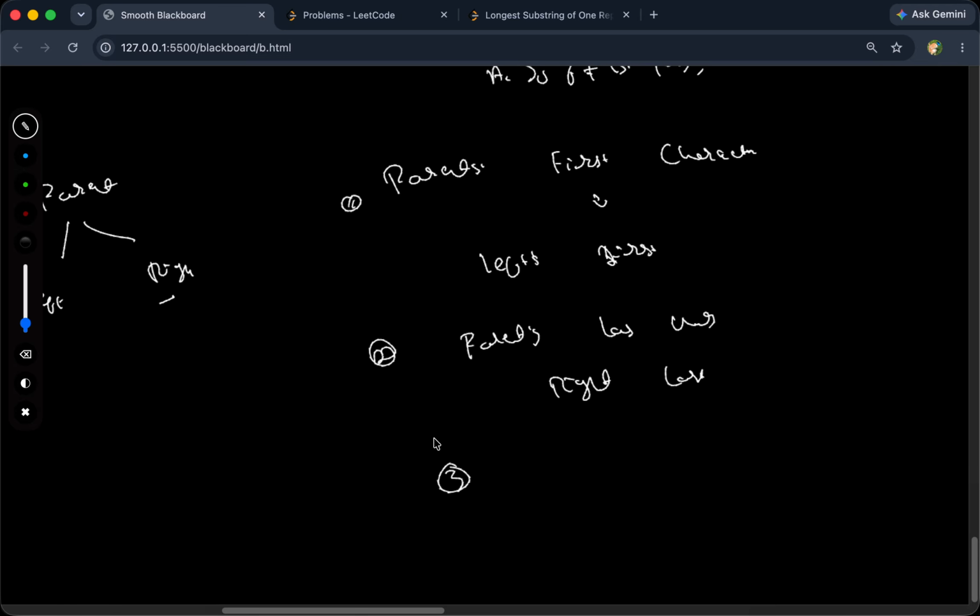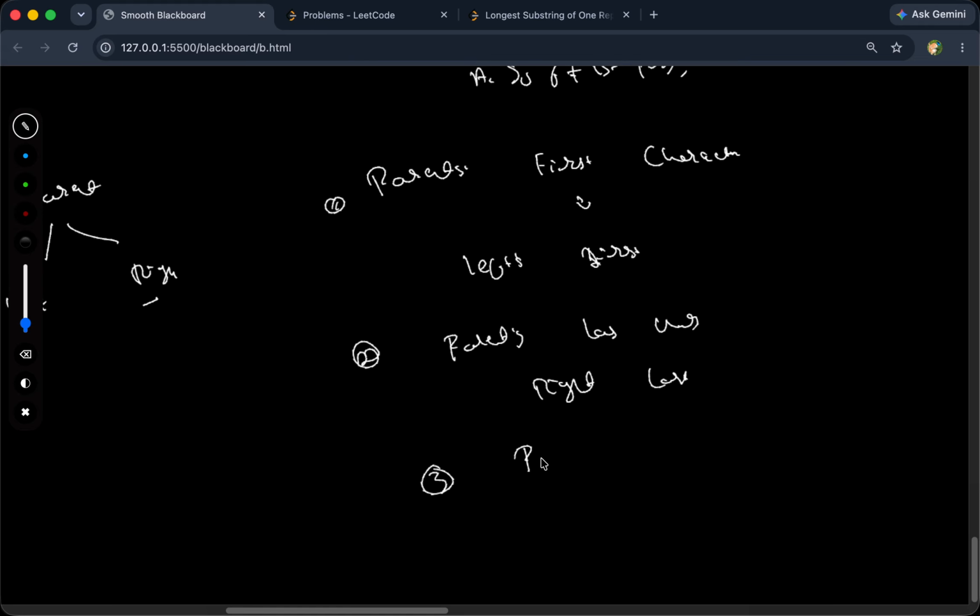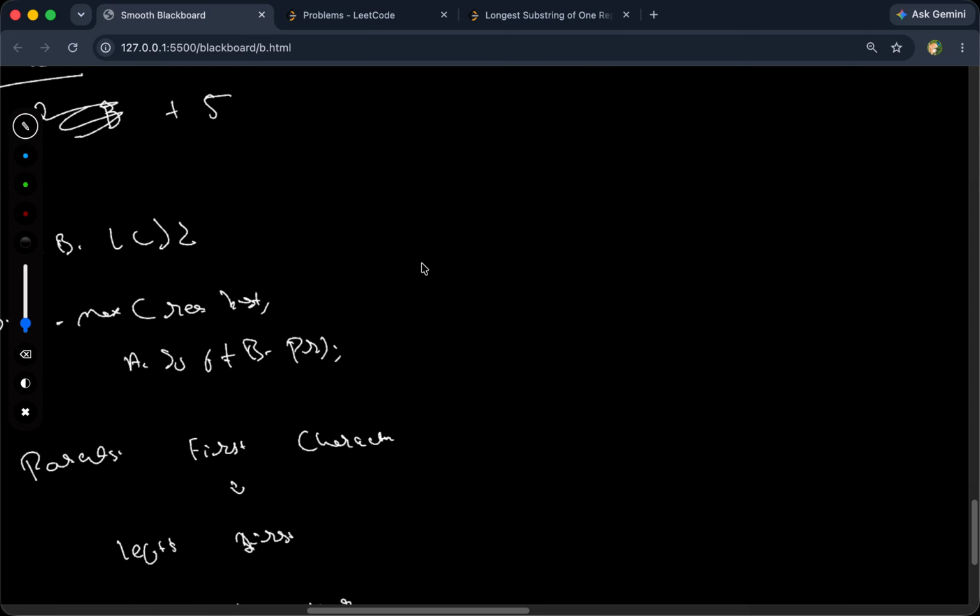Third is prefix, which can be left prefix and extended. Fourth is suffix, which can be right suffix extended.